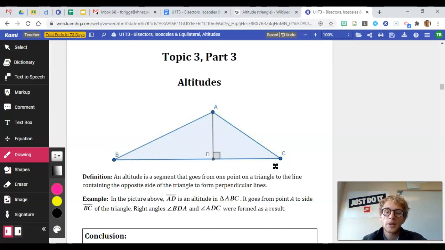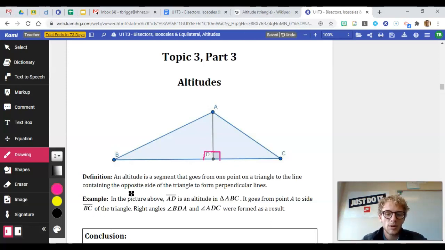Now, if we remember from perpendicular lines, when we have perpendicular lines, two 90-degree angles are created. In this case, with altitudes, you always have two right angles created.